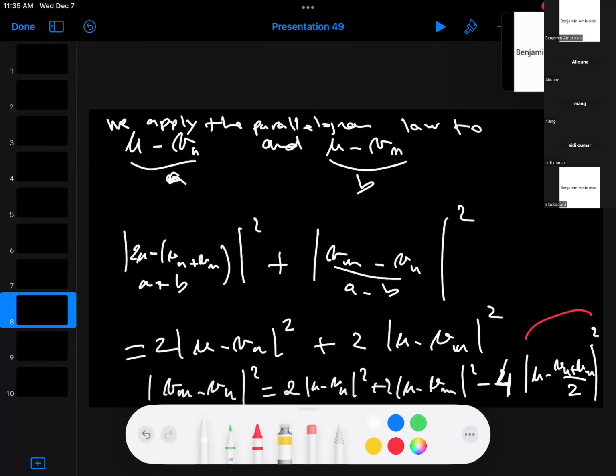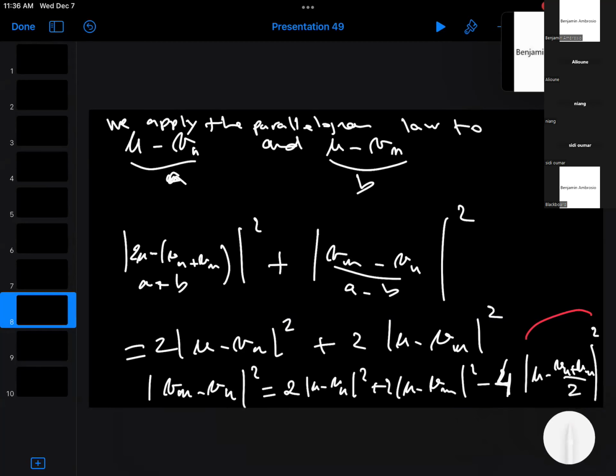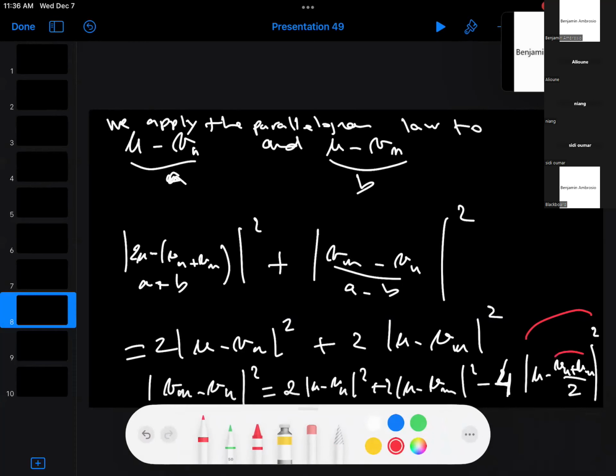Well, since K is convex and Vn and Vm are both in K, so is Vn plus Vm divided by 2. So this term belongs to K. So I can say that this is greater than or equal to d squared, and if I multiply it by minus, it will be smaller.